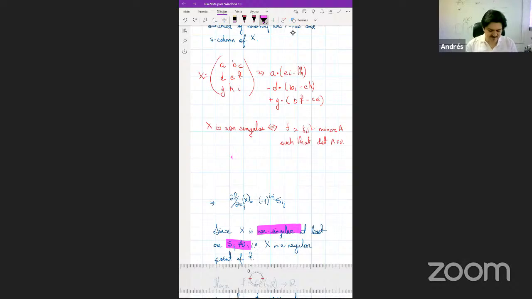I think it is true, but a 3 by 3 matrix. So that minor has determinant non-zero, right? But for instance, if I put here a 0, that's why I'm having trouble. What is the right condition here about the if and only if? But it must be true.